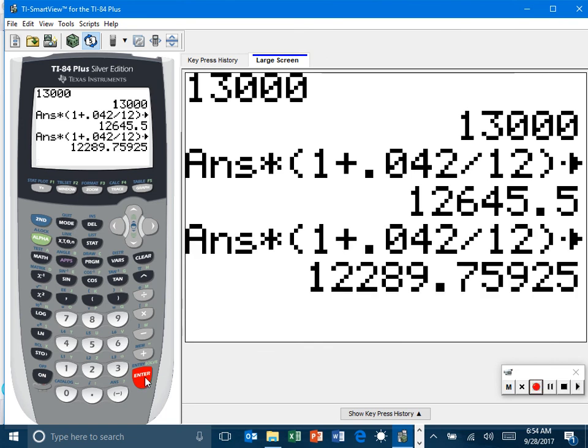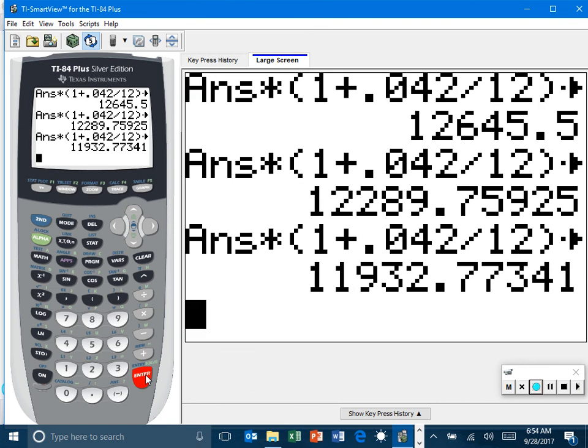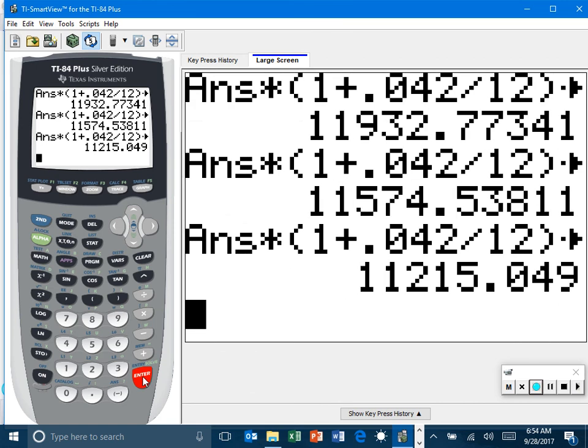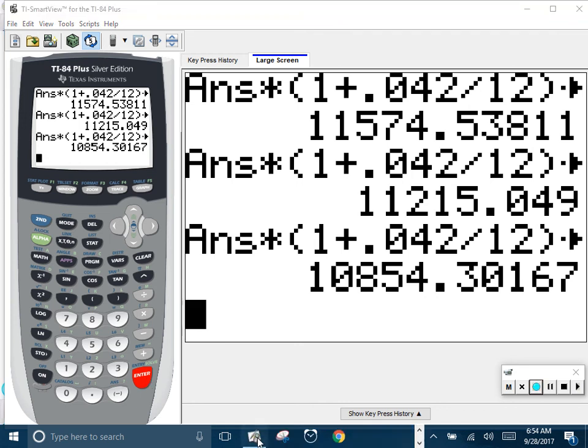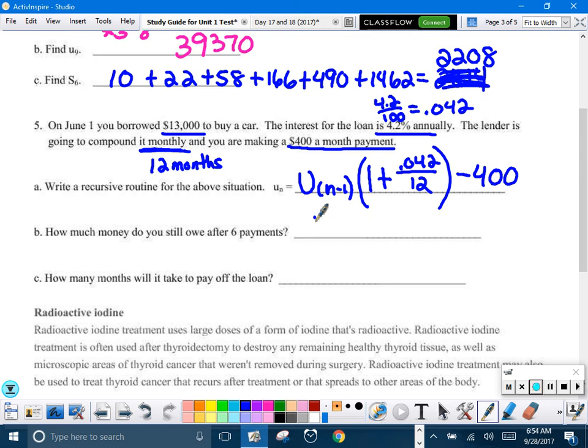Some of you miscounted on the mastery quiz. 3 months, 4 months, 5 months. So that's 6 months. Got to go to 6 months. That's how much money is still left after 6 months. $10,854.30.